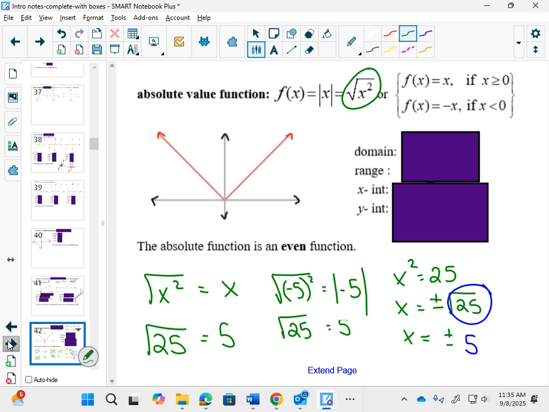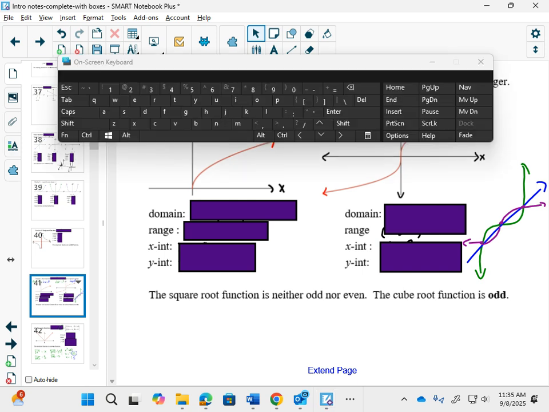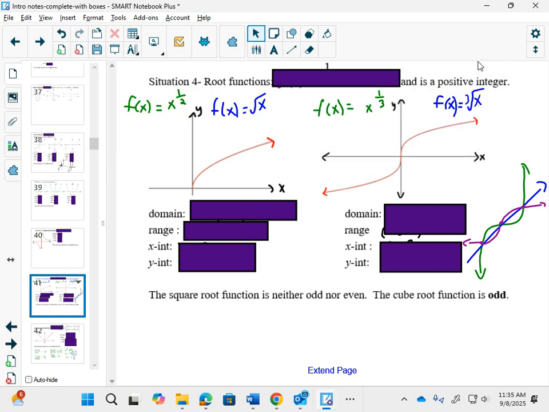Square roots always have a positive answer. Look at our square root graph that we just did. There's your square root graph. I erased this green part. That is not there. Neither is that. Our square root graph as a graph is always positive.